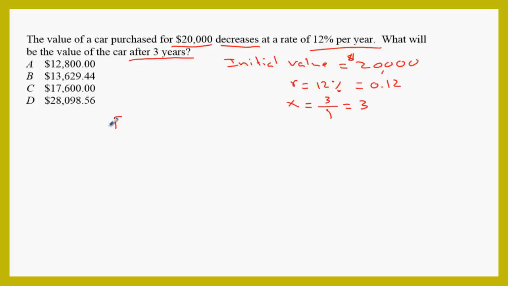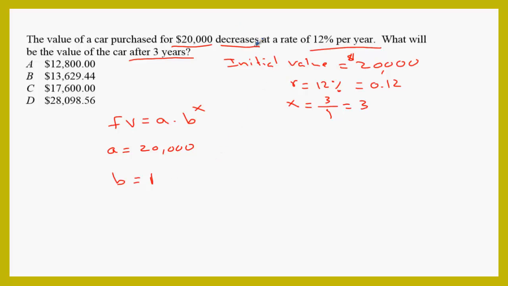The future value of the car equals, this is the formula that you need to memorize. It's not going to be on the test, so you're not going to have any reference like this. Some people write it differently, but all of them mean the same thing. The future value equals the initial value, A, times 1 plus the rate, to the power of the number of years, where A equals 20,000, and B equals 1, either plus or minus.